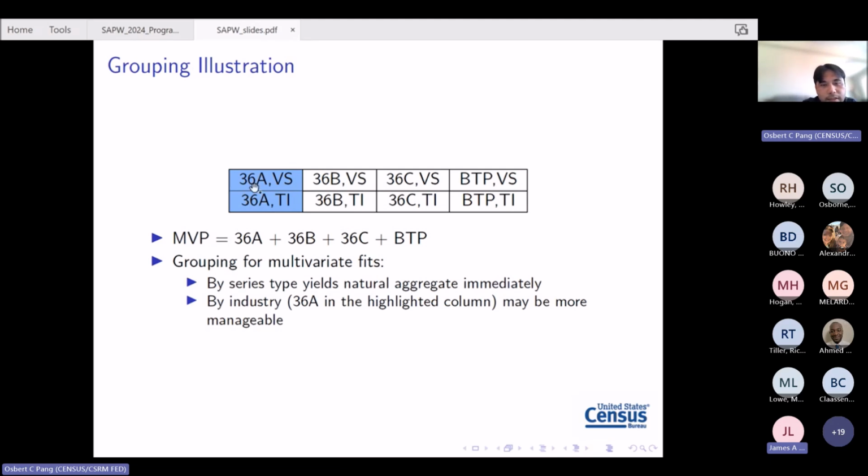The drawback to this is that in the other way, you get the natural aggregate immediately: once you get one fit done, it gives you the indirect adjustments.